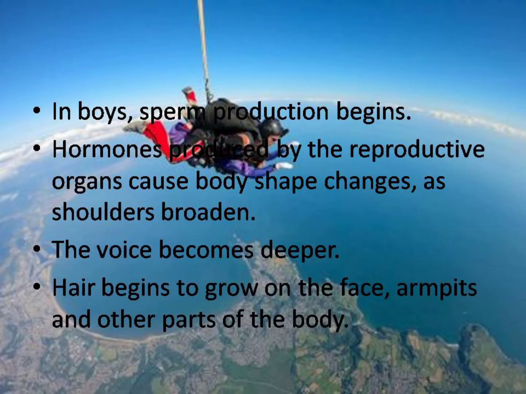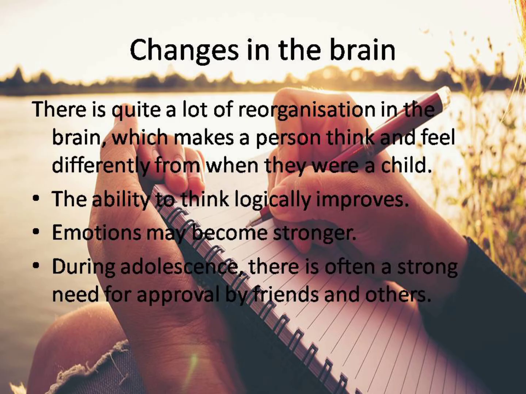In boys, sperm production begins. Hormones produced by the reproductive organs cause body shape changes as shoulders broaden. The voice becomes deeper. Hair begins to grow on the face, armpits, and other parts of the body. Changes in the brain.